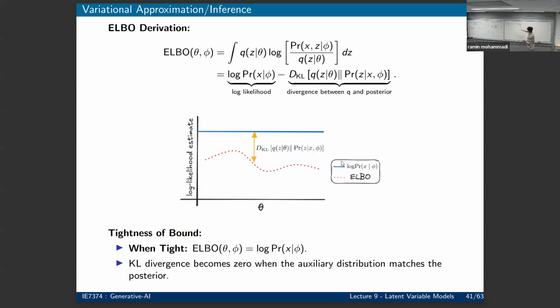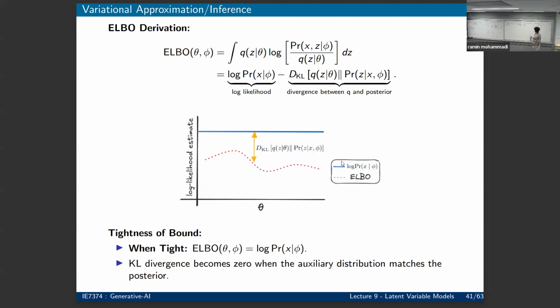P of x and z, we're basically going to show it as q(z|x) log of p(z|x, phi) times the probability of x, over q(z|x). So we broke this term into the conditional over x times the prior of x. So this is the second definition of the ELBO.